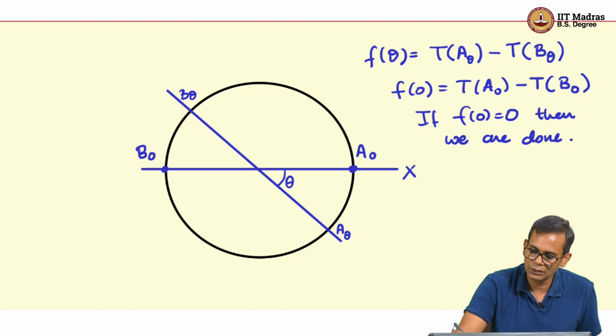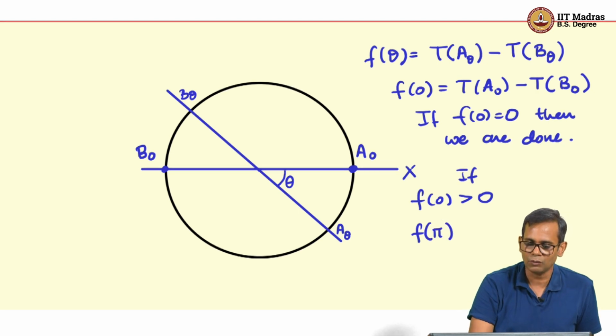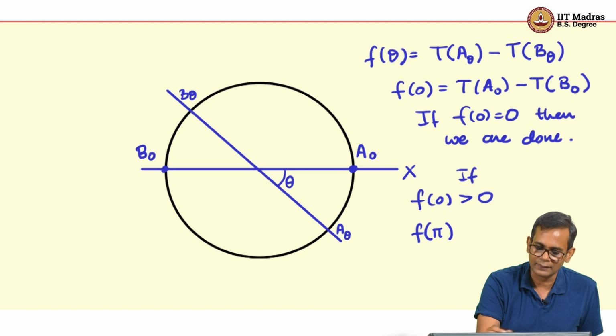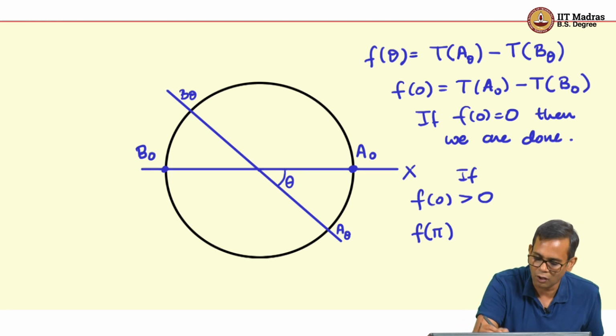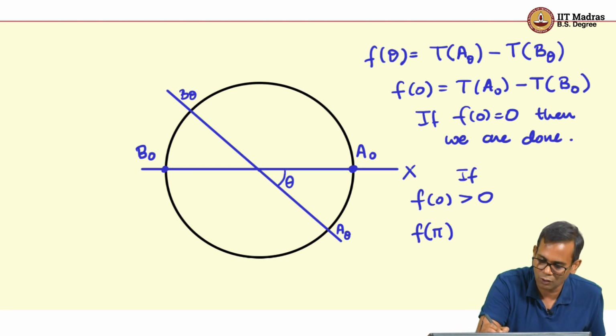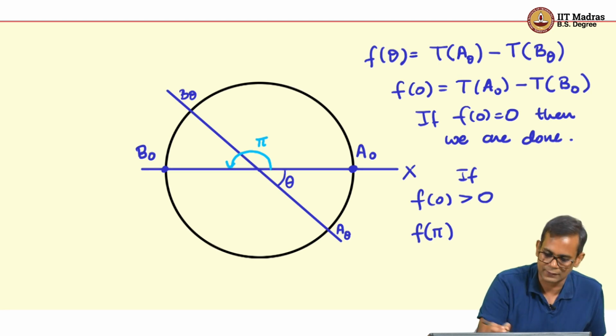Otherwise, let us look at f of 0, say it is positive, we can deal with the negative case similarly. If f of 0 is positive, let us look at f of the angle pi. So, what is happening is that we have just taken this diameter and rotated it by an angle of pi, so that is all the way to 180 degrees.